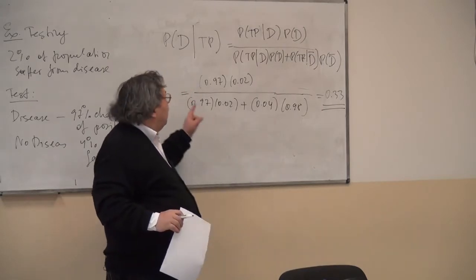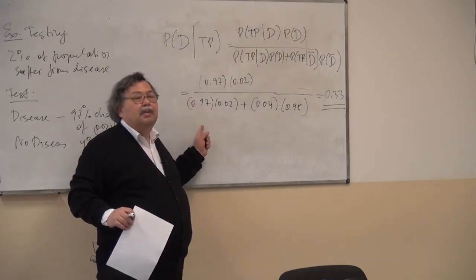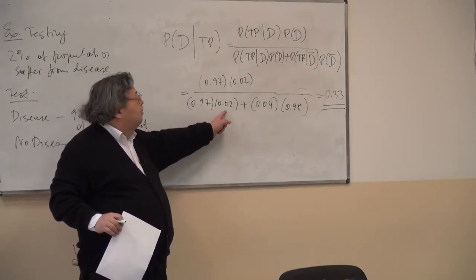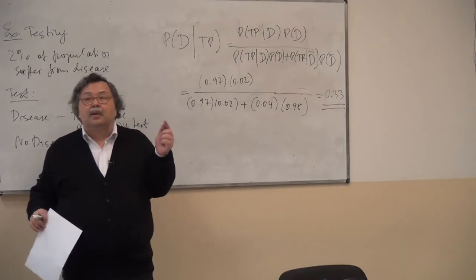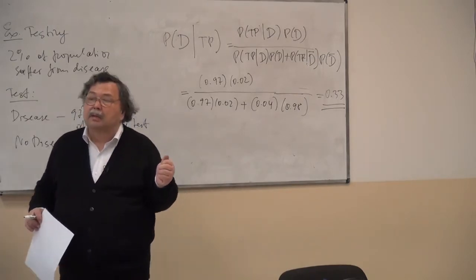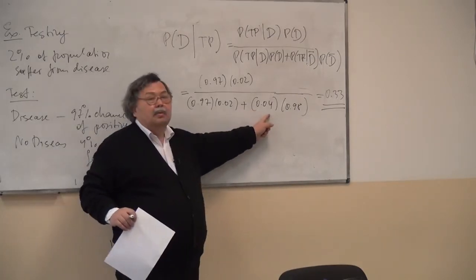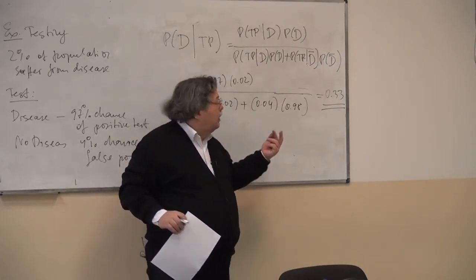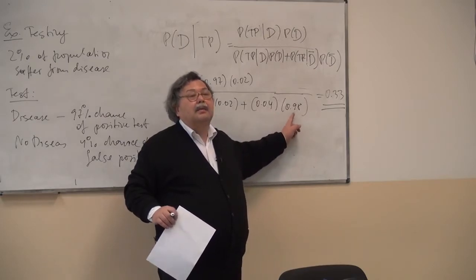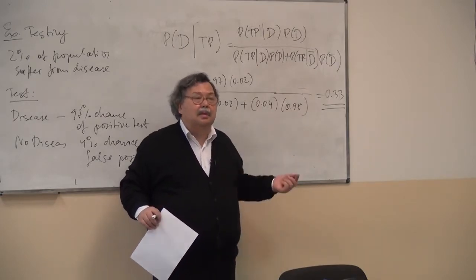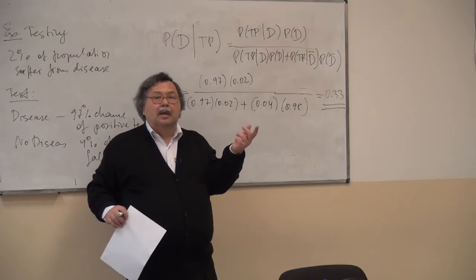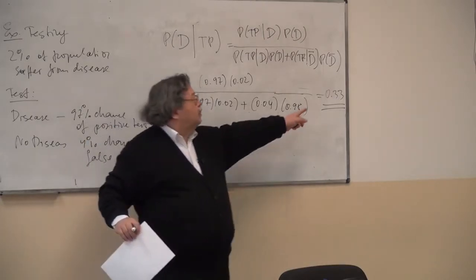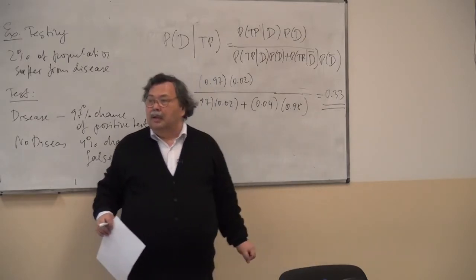Now here, a very high probability of detecting the disease when it's present is multiplied by the very low probability of its presence. And in this other term, the low probability of obtaining a false positive result is multiplied by a relatively high probability of the absence of the disease. So we have these opposite effects, and put together they produce this paradoxical answer.